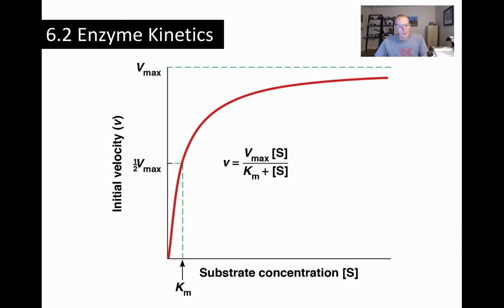Enzyme kinetics generally describes the quantitative aspect of enzyme catalysis. So it's kind of like a way to put numbers on how quickly or how slowly an enzyme is doing its job, and that's to convert substrates to products.